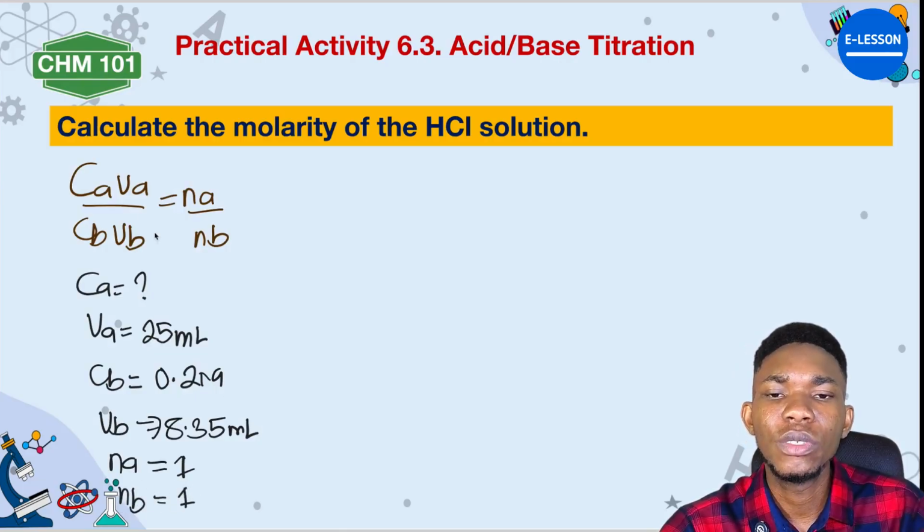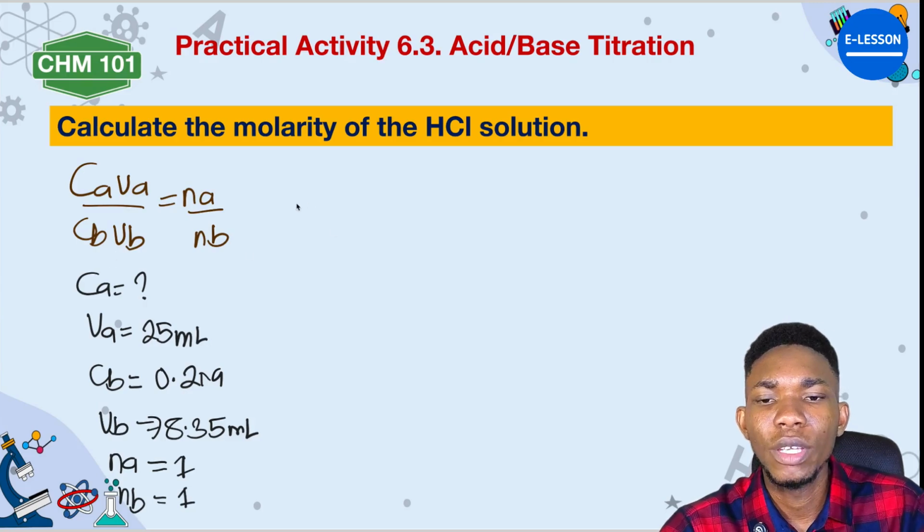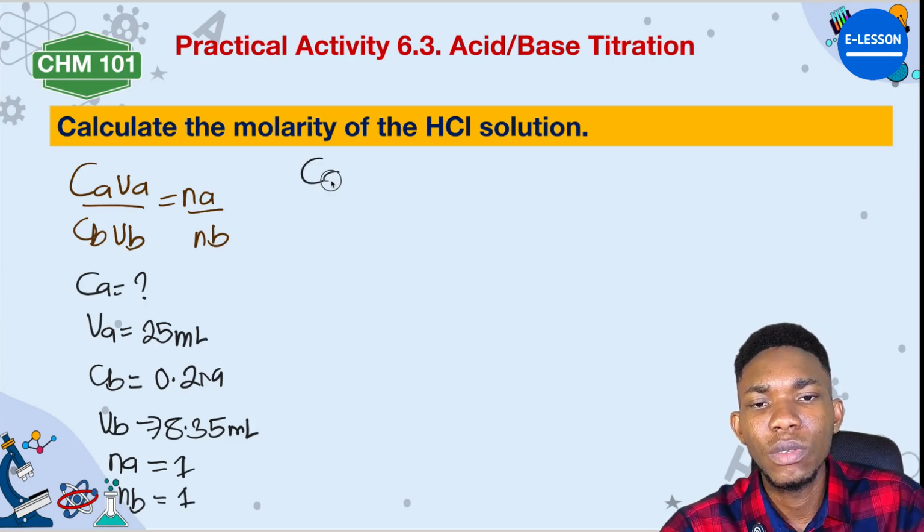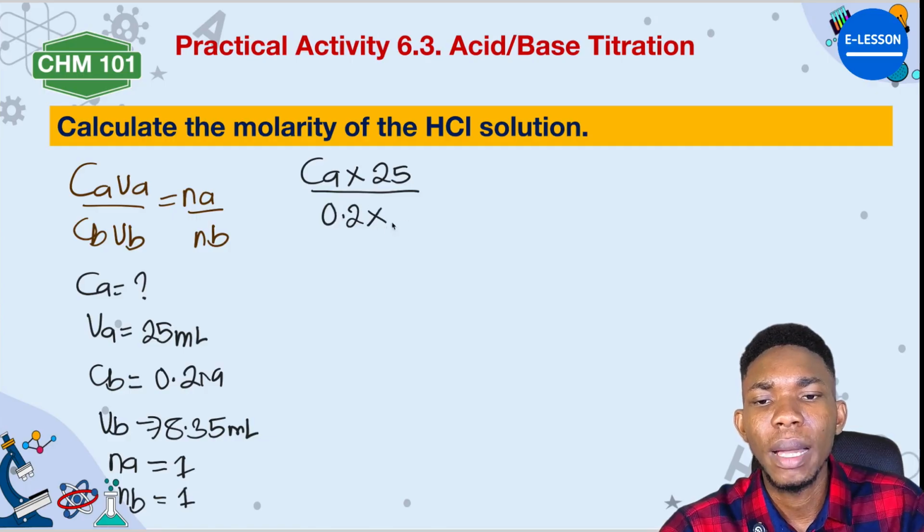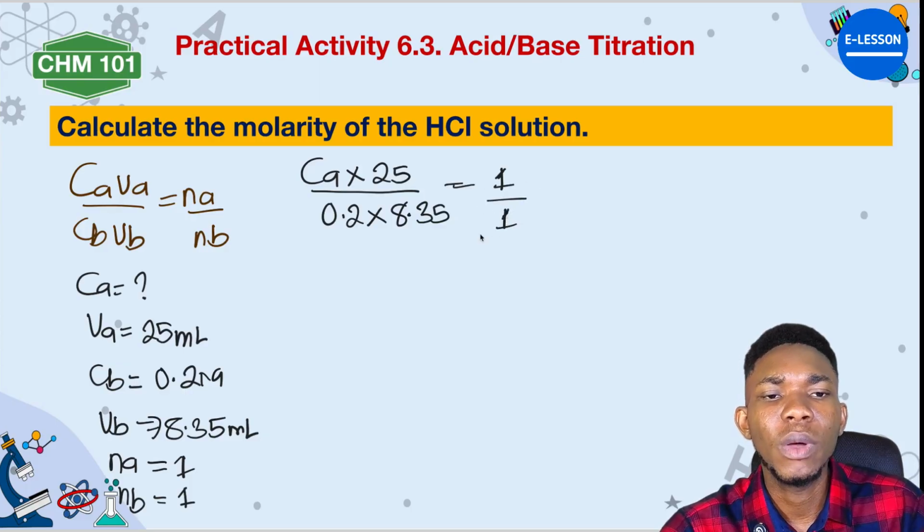Substituting into this equation, we are looking for Ca. Ca times Va, 25, over Cb, 0.2 molar, times Vb, 8.35, equals Na, 1, over Nb, 1.